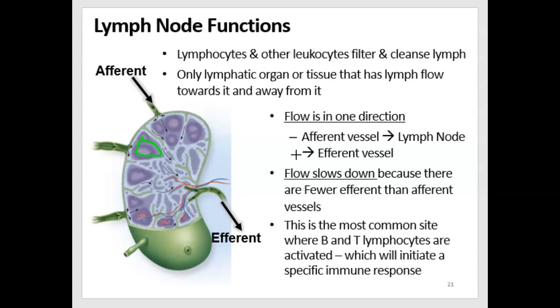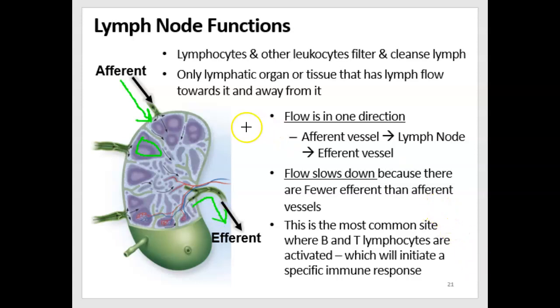So it's the only tissue or organ that has flow coming towards it and away from it. And so you see afferent lymphatic vessels bringing lymph into the lymph node, and then an efferent vessel that sends the lymph on within a lymphatic vessel.